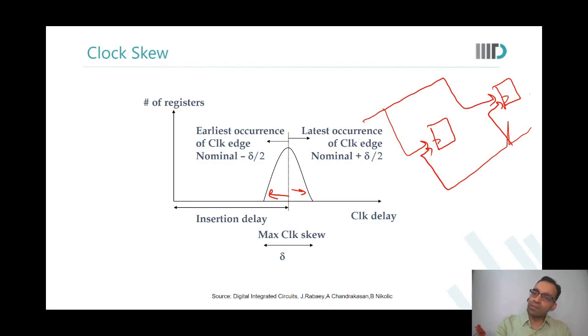In one case, this flop will receive the clock a little earlier than the other, and in the other case, the flop will receive the clock a little later than the first one. When it receives later, it is called positive skew. When it receives earlier, it is called negative skew.